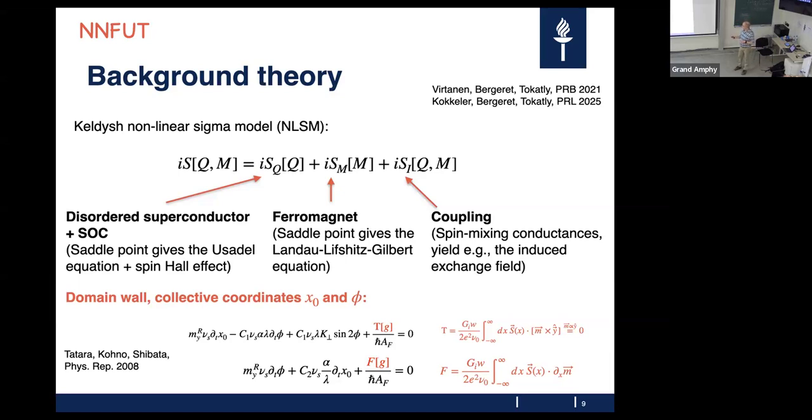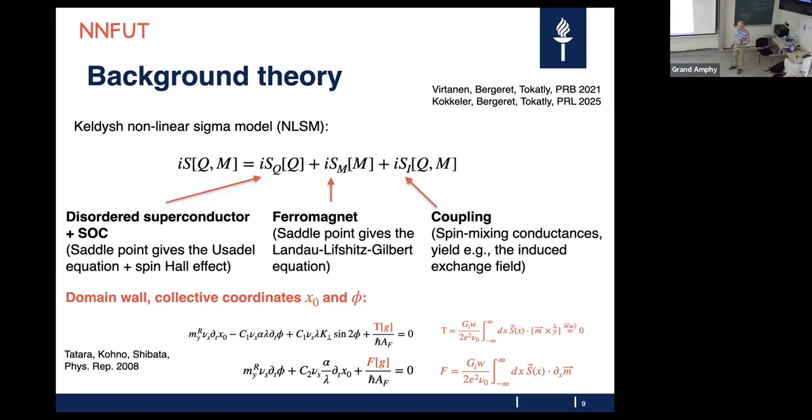And basically what we include are three parts of the action. So the first one is the nonlinear sigma model for the disordered superconductor, including spin-orbit coupling. The saddle point equation related with the action provides a so-called Usadel equation, which is well known. So this is disordered superconductivity. That was the disordered aspect of my talk.